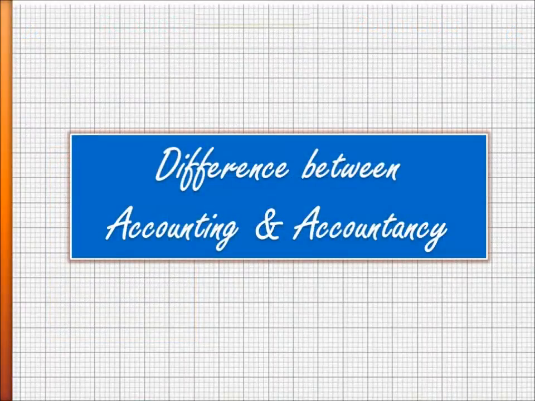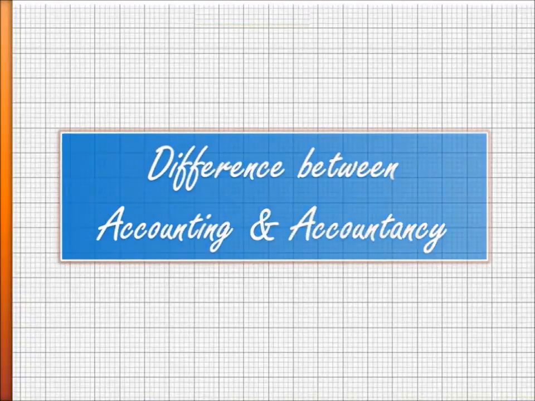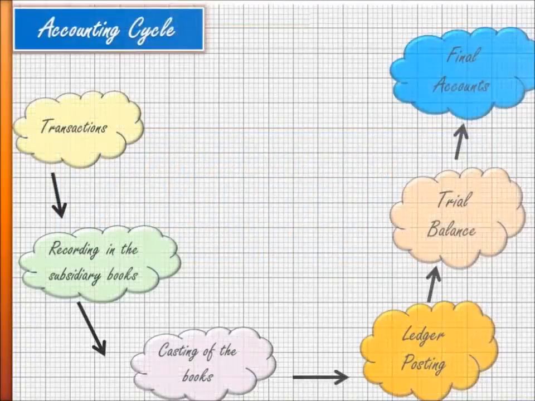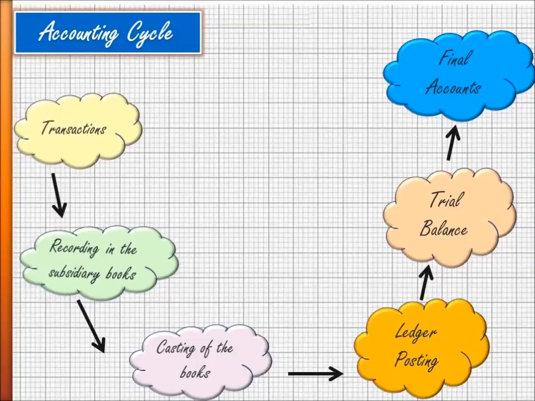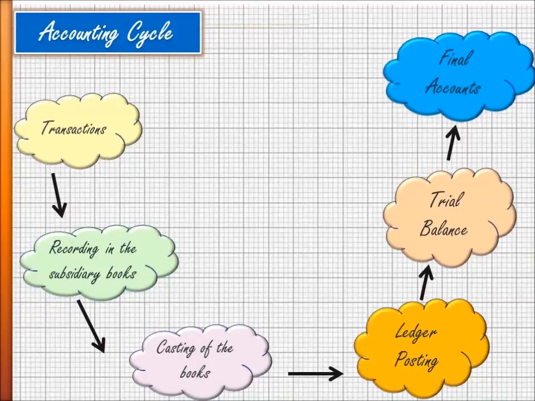So one thing more I would like to explain to you here, the difference between accounting and accountancy. As I explained to you the accounting cycle, the transactions are noted down in subsidiary books, then you have to do the casting of subsidiary books. Casting means making totals, then ledger posting, then trial balance, then final accounts.